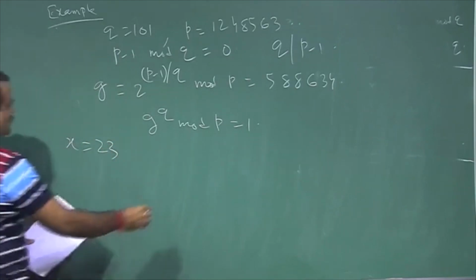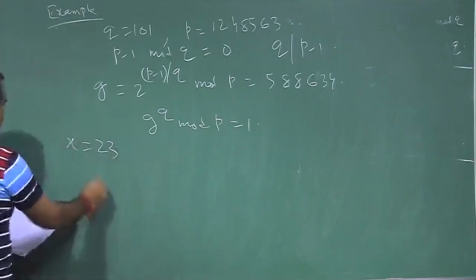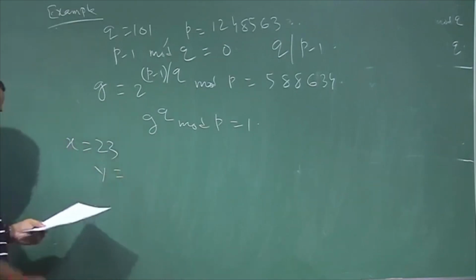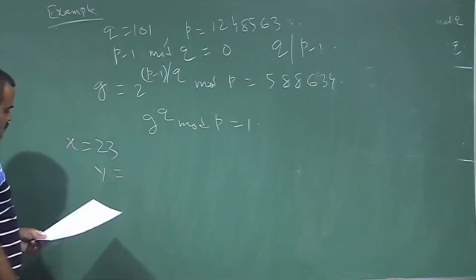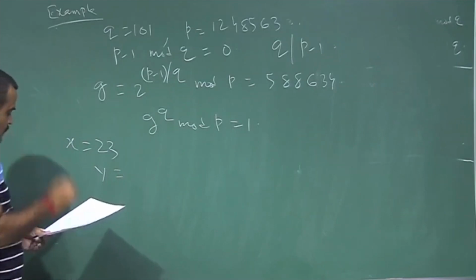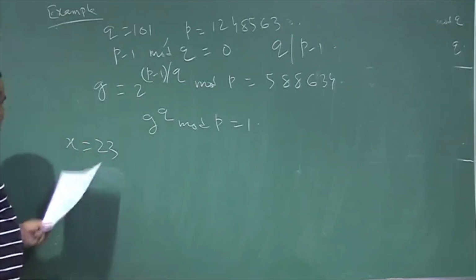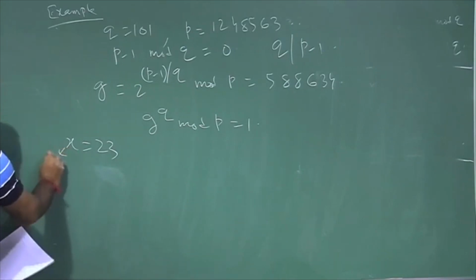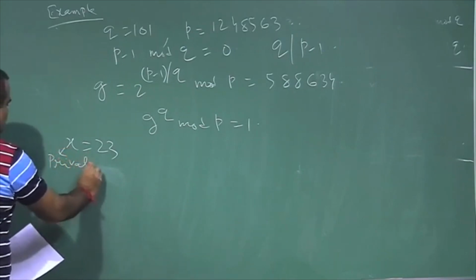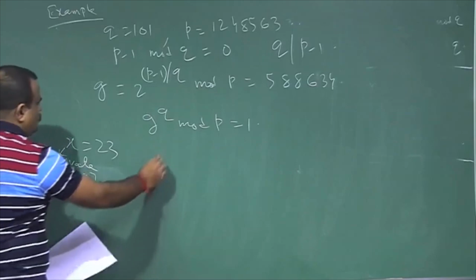Now suppose Alice has to send a message, say 23. No, this 23 is not the message. 23 is Alice's secret key, the private key of the signer. And then we need to compute y.